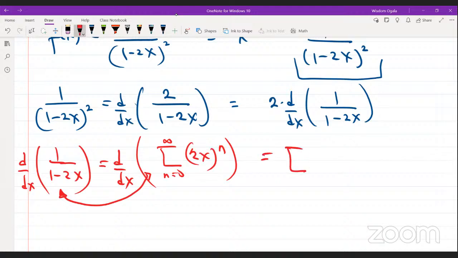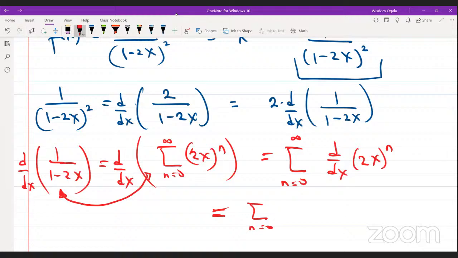So I'm going to have the sum from 0 to infinity of d/dx of (2x) to the power n.